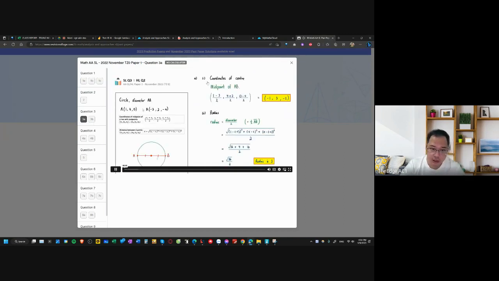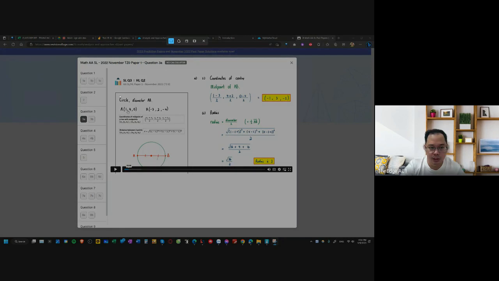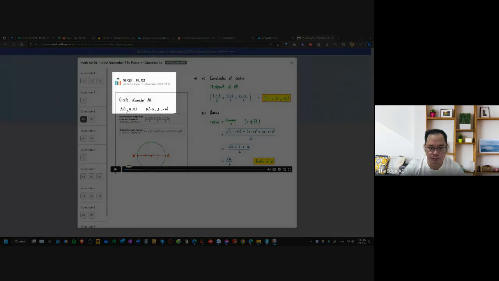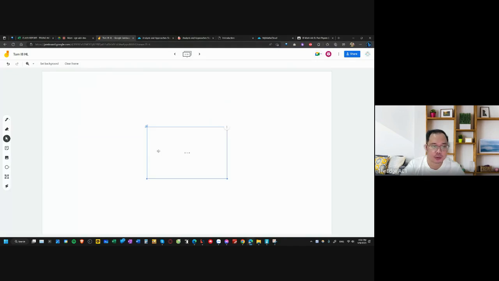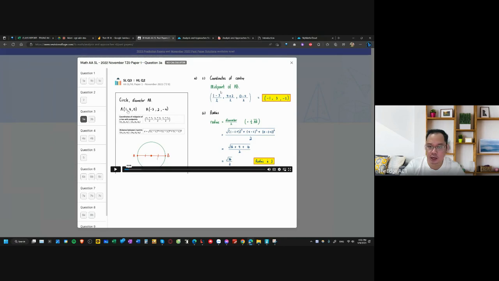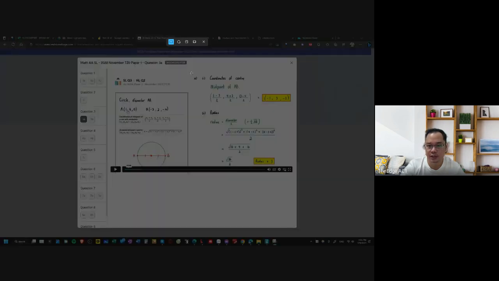Okay. Diameter, circle, midpoint. Very simple problem, but also about geometry. Given two coordinates in 3 dimensions, x, y, z. The next question asks us to calculate the coordinates of the center.